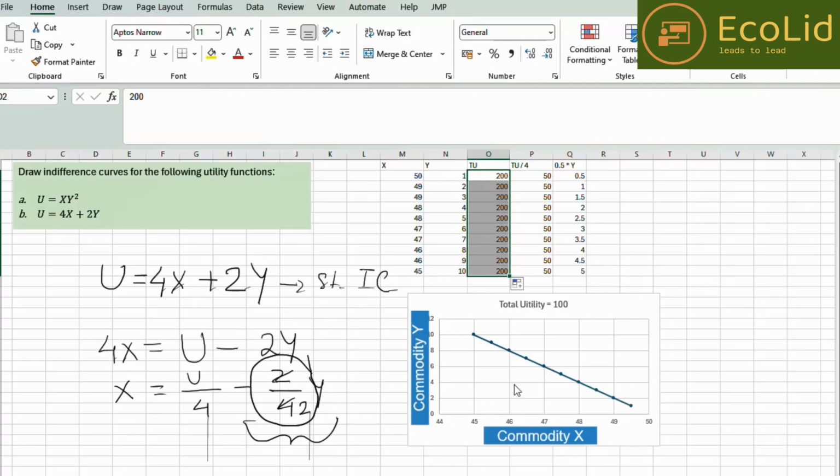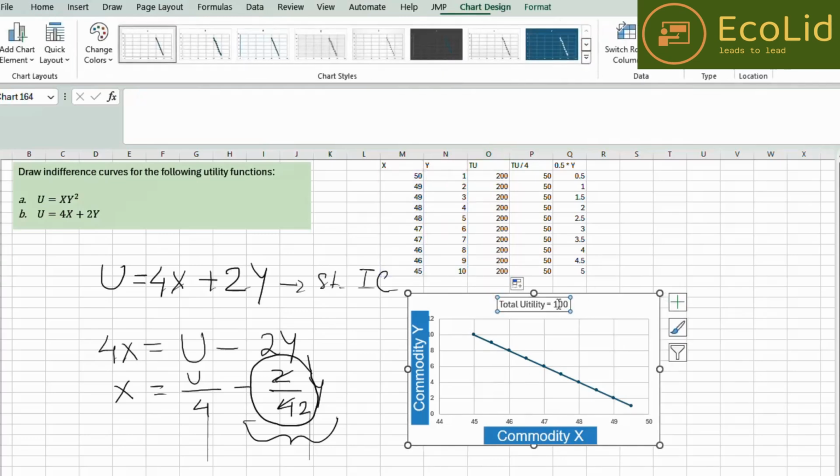We identified what combinations of x will be required for this altered amount of total utility. Now the amount of total utility is 200.